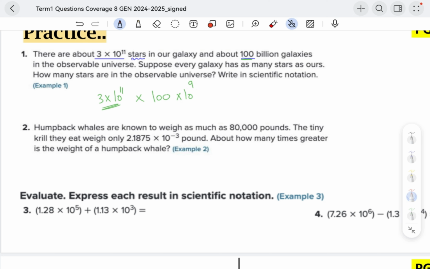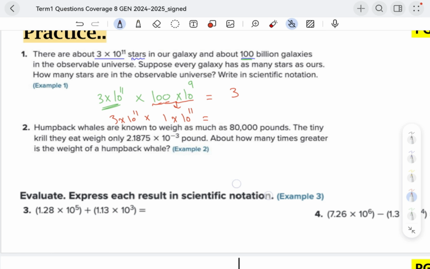Okay, simplify now. 3 times 1 is 3. And here we have 2 zeros. We're going to add them to the 9. Okay, let me simplify it more for you. Let me first write this in the correct scientific notation form, it will be 1 times 10 to the power 11, because we should have only one digit in the whole part, not 2 or 3, times 3 times 10 to the power of 11.